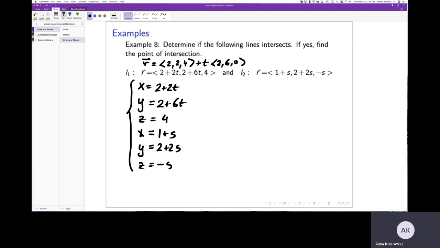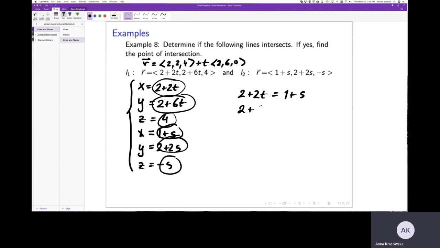This is a single point, single x, y, z. So x you will equate with x, y with y, z with z, and you will have from equation 1: 2 plus 2t is equal to 1 plus s. 2 plus 6t is equal to 2s, and 4 is equal to minus s.